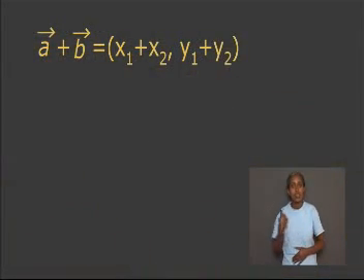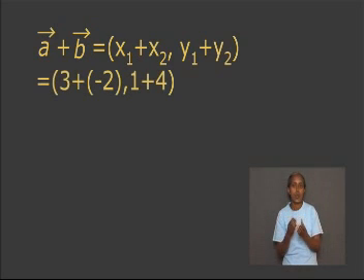Hello, students. Were you able to add these vectors by their components? We can find the sum of each vector pair by adding their respective components. Vector A equals (3, 1), and B equals (-2, 4).